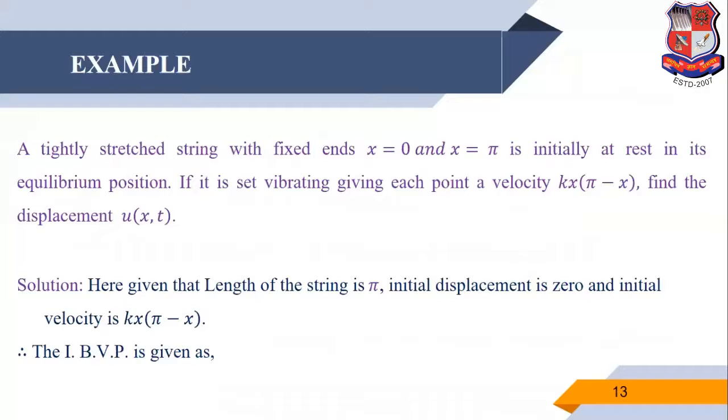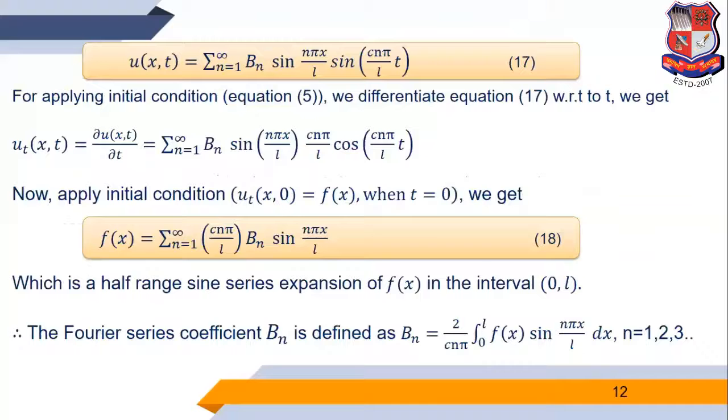So equation 17 is the solution of problem 2, where initial displacement is 0 and velocity is given.